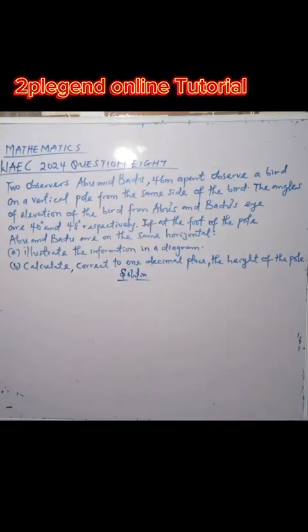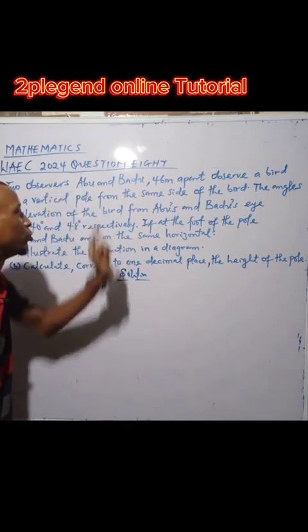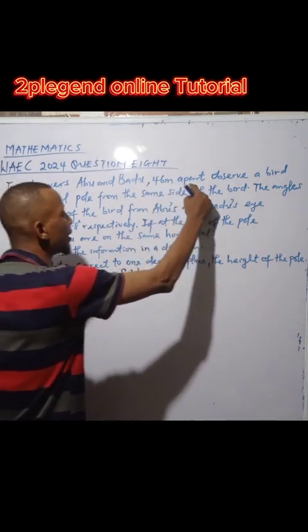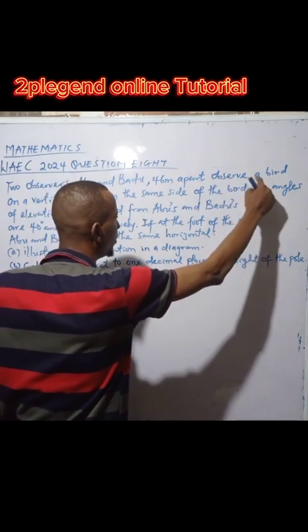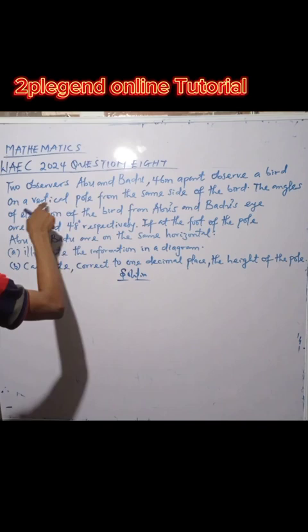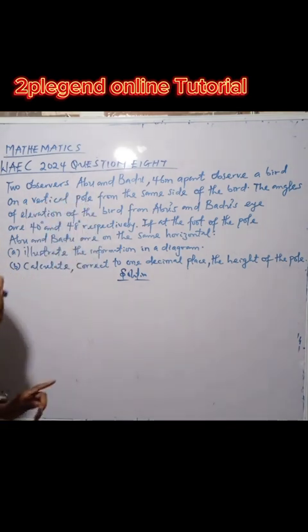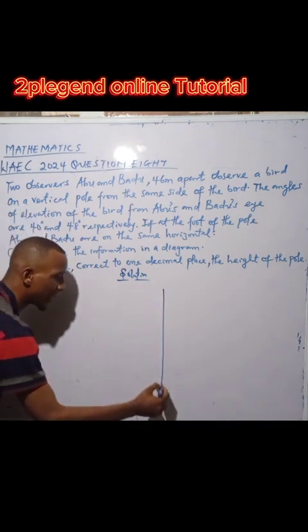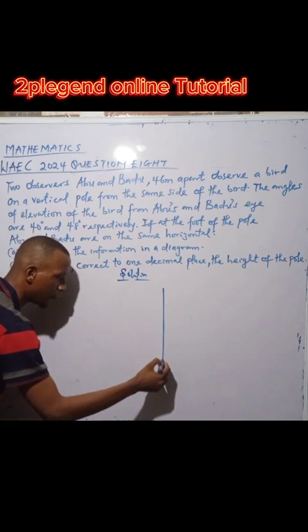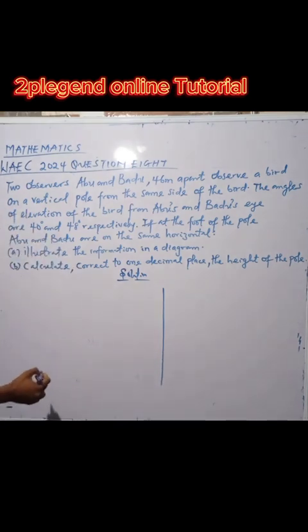Now to the question. Two observers, Abu and Badu, 46 meters apart, observe a bird on a vertical pole. First thing, what do you need to understand? There is a vertical pole. In angles of elevation and depression, we don't draw those objects.